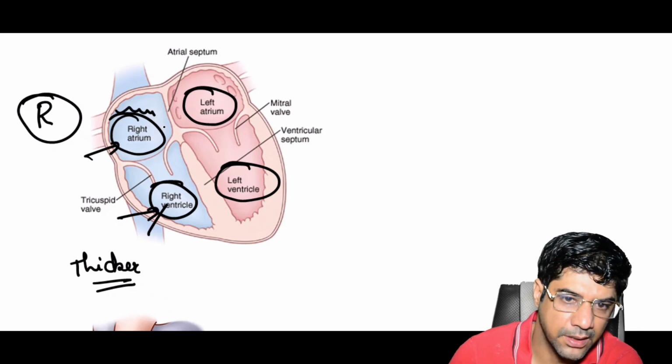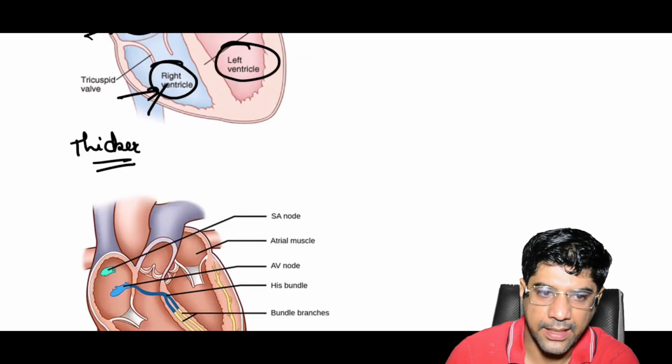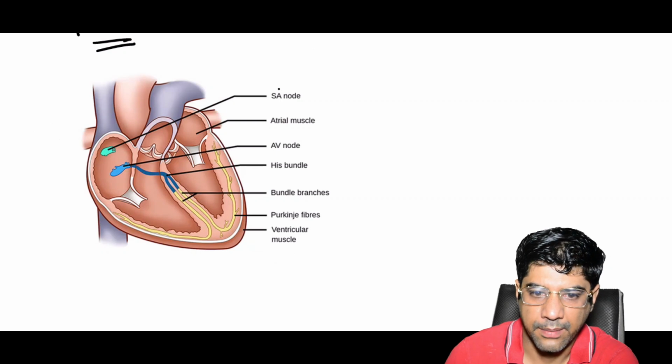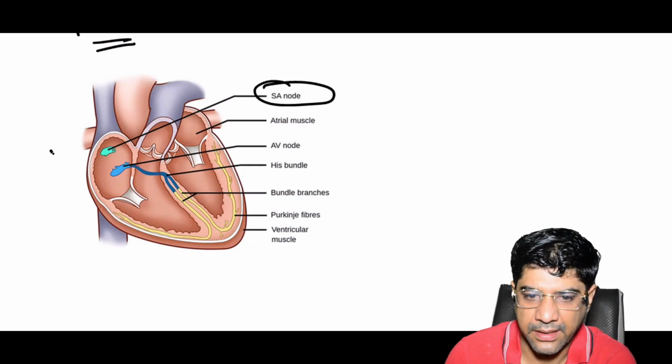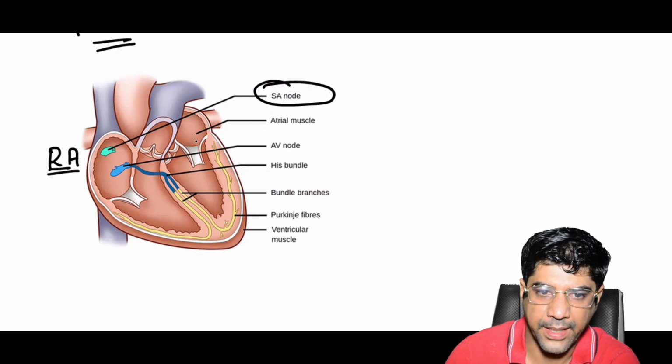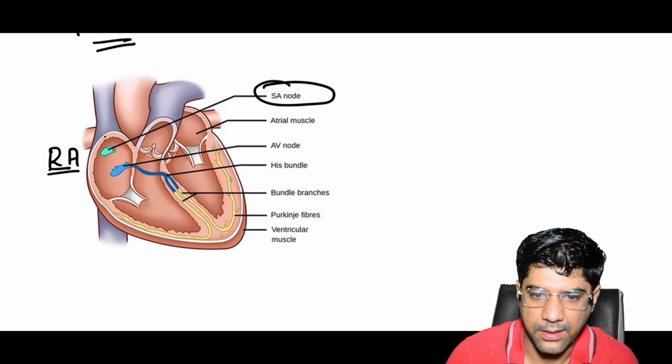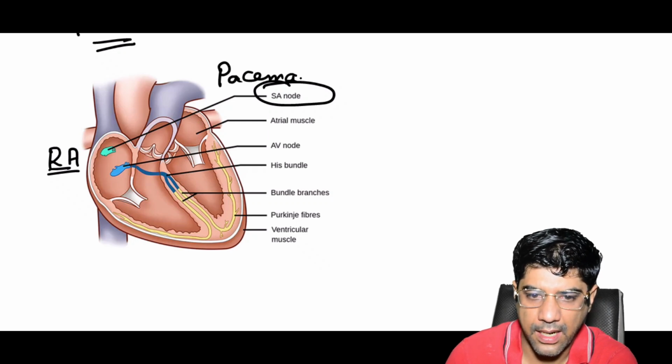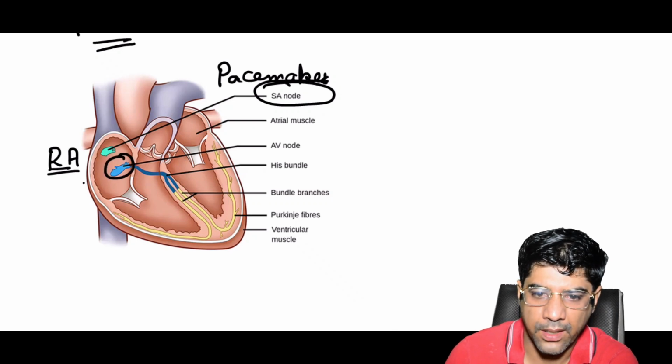So this is the SA node. The right atrium has the SA node that acts as a pacemaker, and it has the AV node, that is the atrioventricular node.